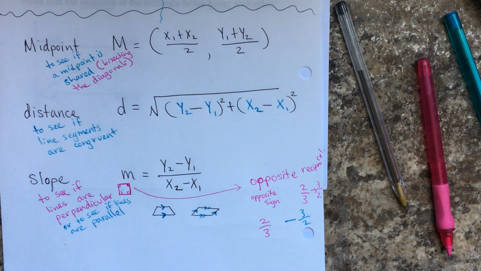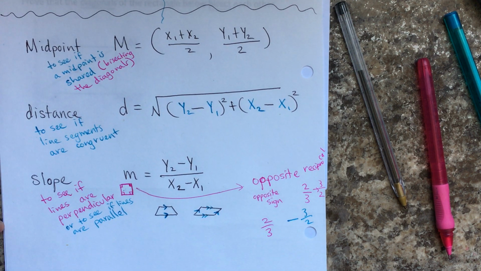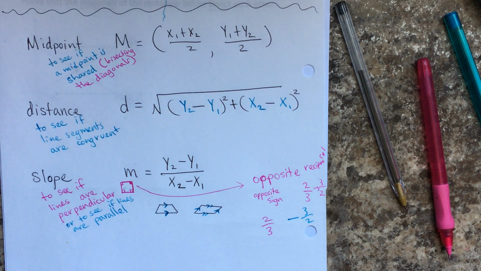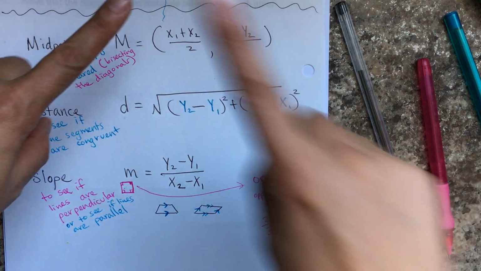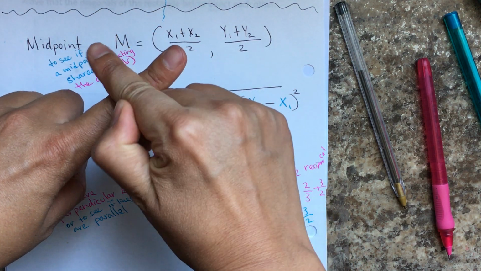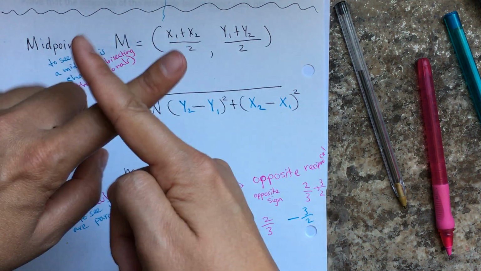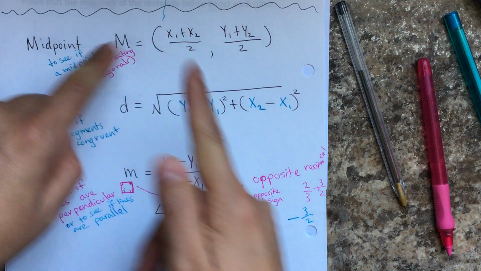Okay, so that's what these three formulas have helped us do in these last couple of lessons. Again, I'm summarizing just because I've noticed that students know how to do it at the moment, but then they're not sure what's going on, so I hope this summary helps. So the midpoint is to know if the two diagonals bisect each other. Okay, so they cross exactly in the middle.